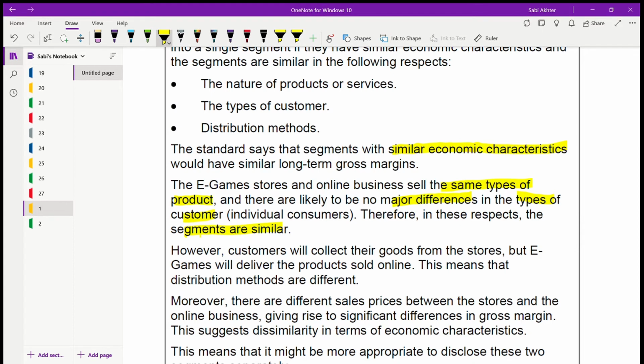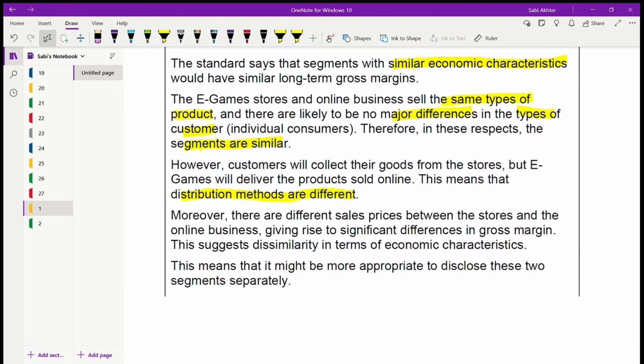Customers will collect their goods from the store, but eGames will deliver the products sold online. This means the distribution methods are different. Moreover, there are different sale prices. You see, one is selling at 30, one is selling at 40, between the stores and online, giving rise to a significant difference. Because they're selling at different prices, there will be a significant difference in the gross profit margin. This suggests a lack of similarity in terms of economic characteristics. This means that it might be more appropriate to disclose these two segments separately.